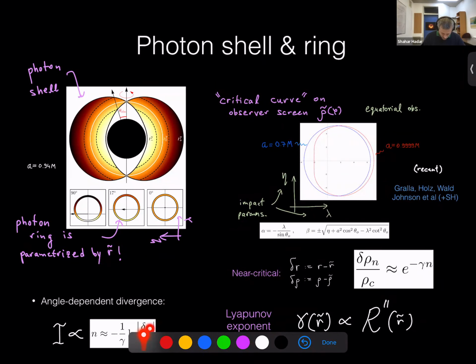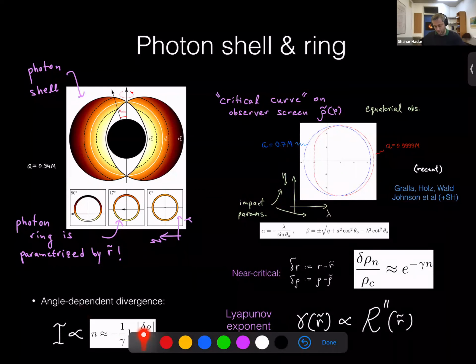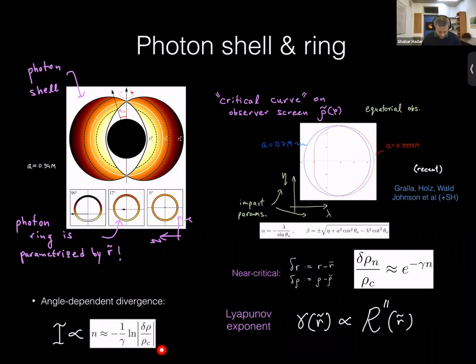And this controls also, in the case where we have some emission near the black hole and it's optically thin, an angle-dependent divergence on the screen, and this divergence is controlled by this Lyapunov exponent here. This equation tells us that the intensity along the photon ring is proportional to n, the number of half orbits the geodesic undergoes around the black hole.